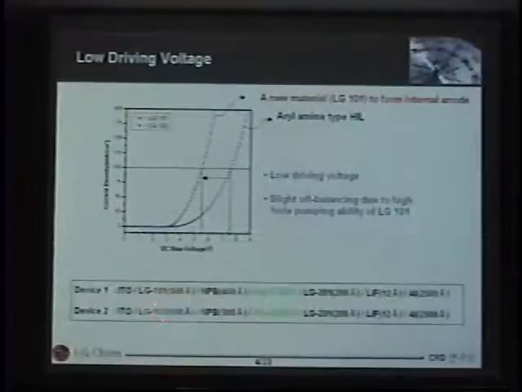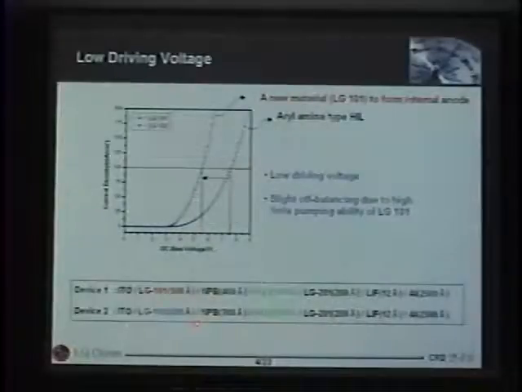LG102 is another of our commercialized materials, a typical arylamine type hole injection layer. This is the driving voltage of the conventional device with the arylamine type hole injection layer. For 100 milliampere per square centimeter, it requires about 7 volts. It's a typical device performance.